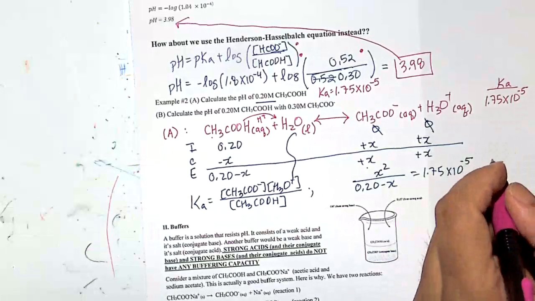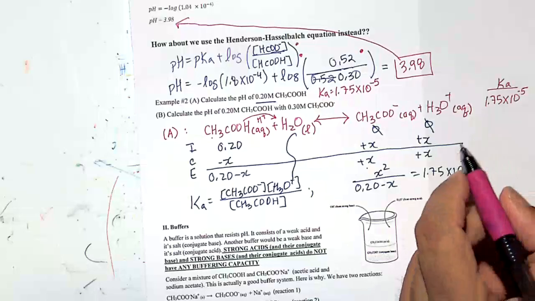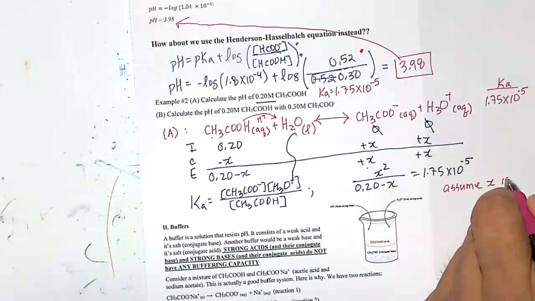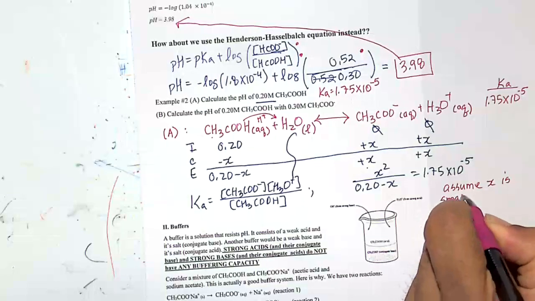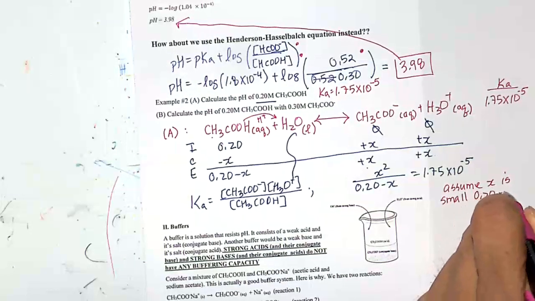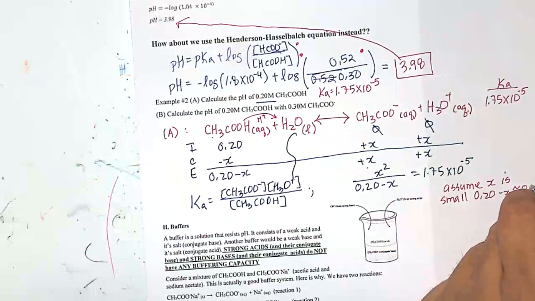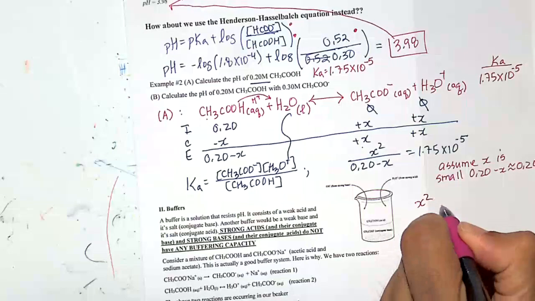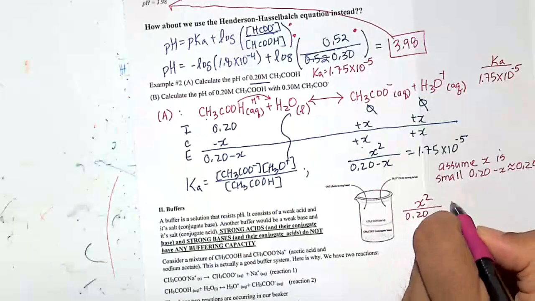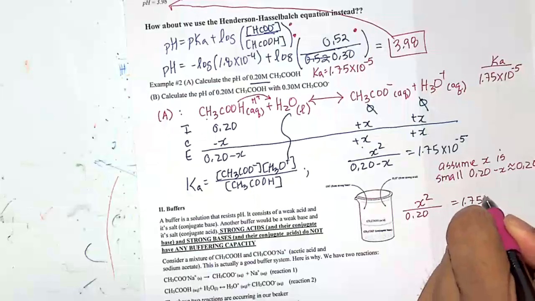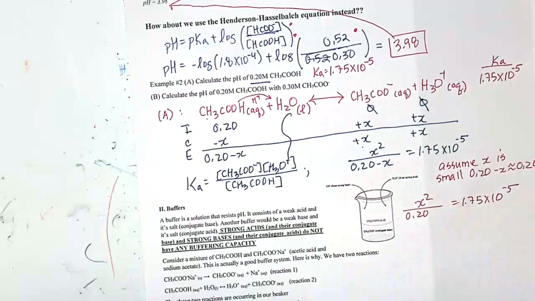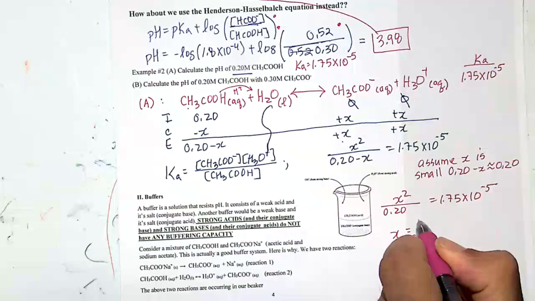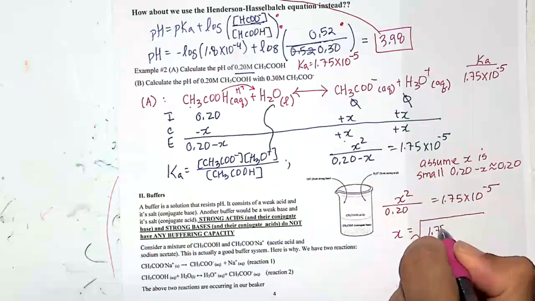What is next here? We'll use our what assumption? Yes, we'll assume x is small, so that 0.2 minus x is about 0.2. So we'll solve for x here.